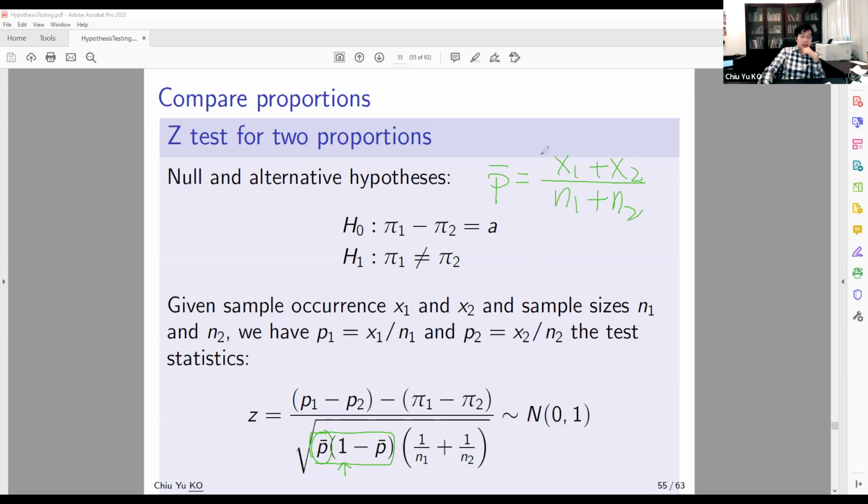It's just like the total number of customers who like spicy food over the total sample you drew from Hong Kong Island and Kowloon. That is the only tricky part here.